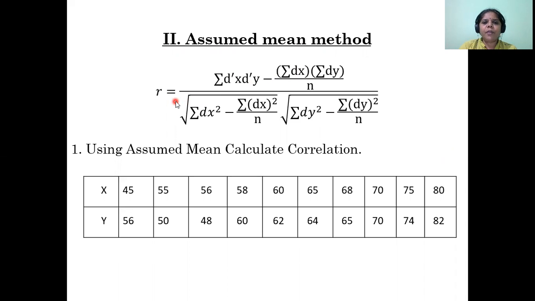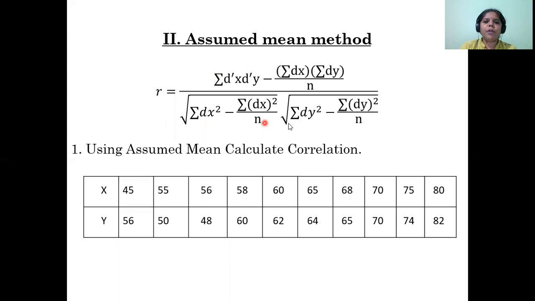So this is the formula for the assumed mean method, and this is the symbol for correlation. Correlation is equal to sigma dx dy minus sigma dx into sigma dy divided by n, all divided by root sigma dx square minus sigma dx whole square divided by n, into root sigma dy square minus sigma dy whole square divided by n.